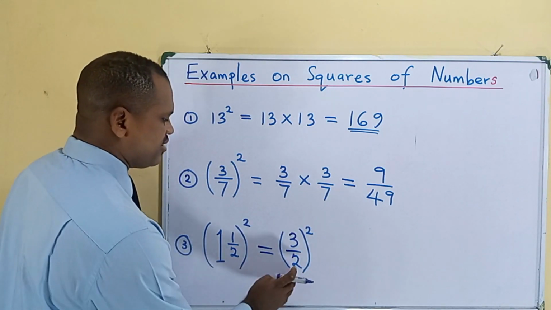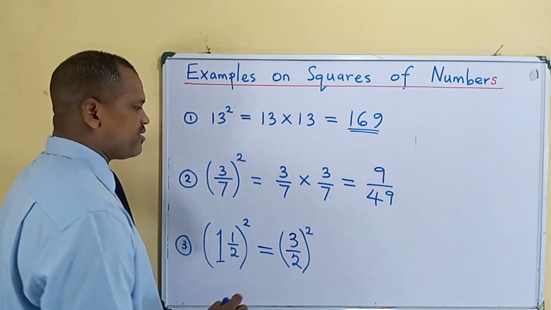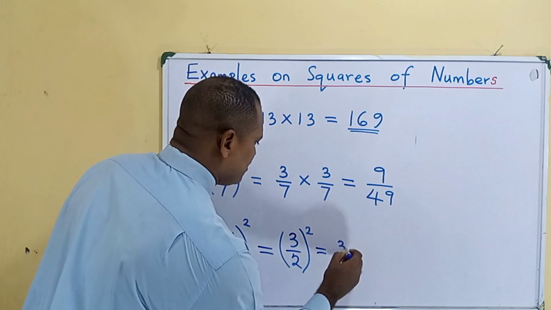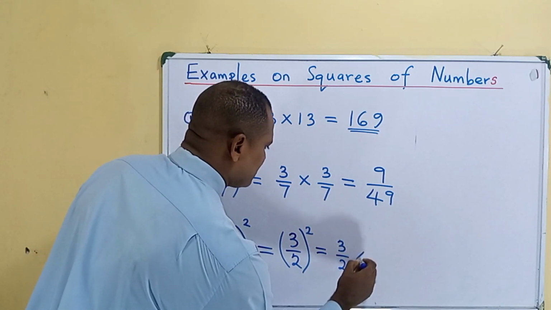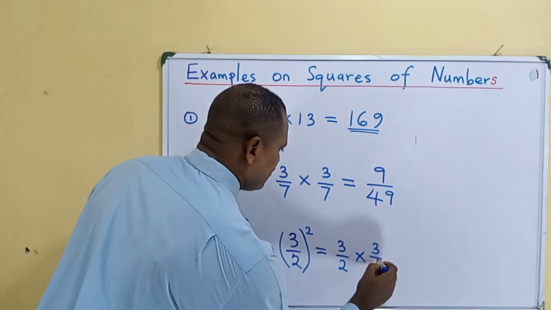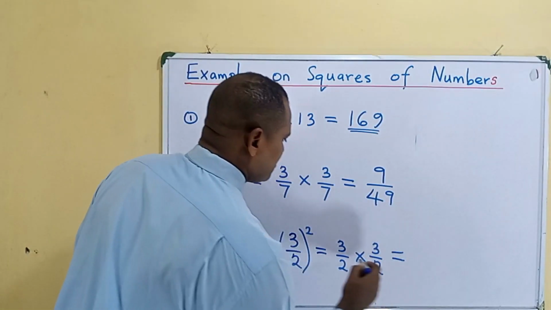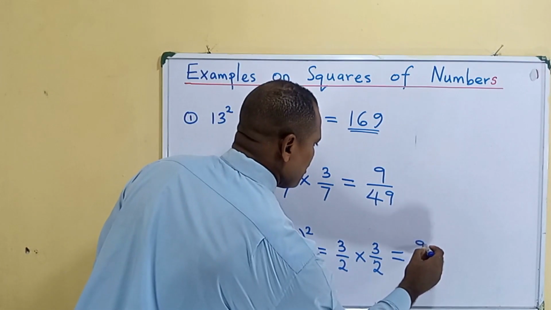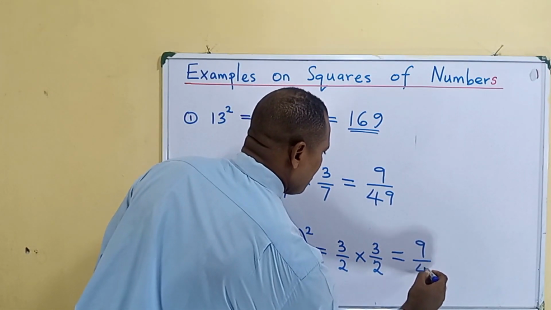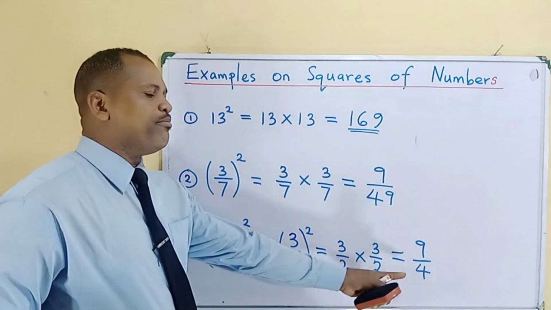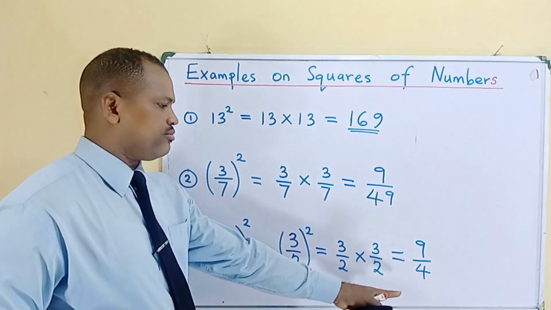So this, of course, means this. So just as we did, this is 3 over 2 times 3 over 2. And this will give us 9 over 4.